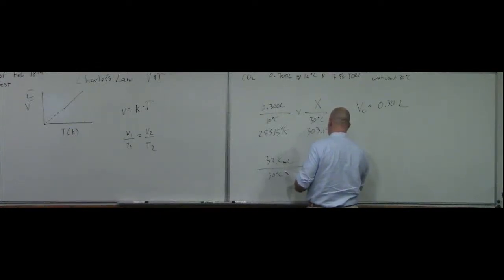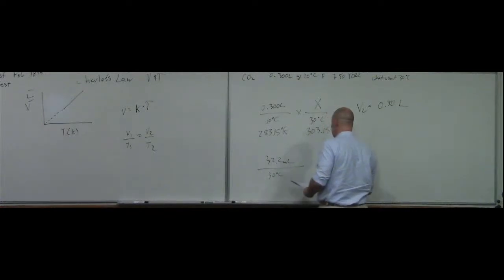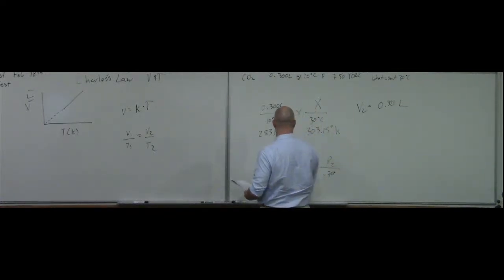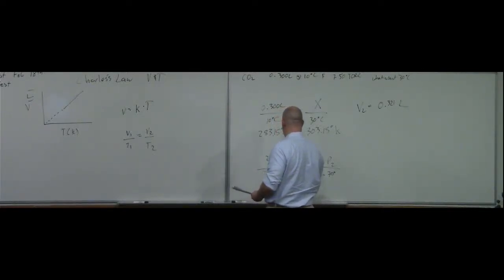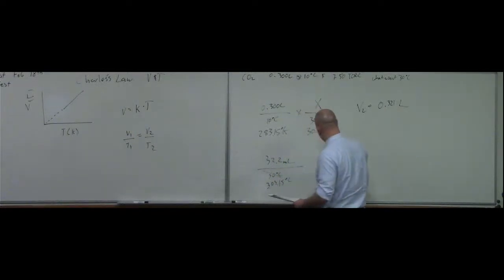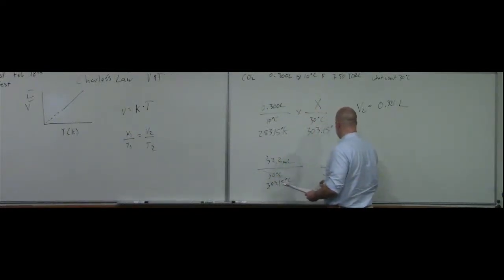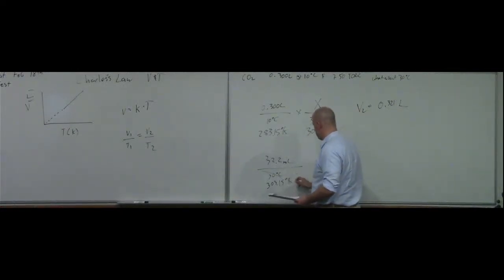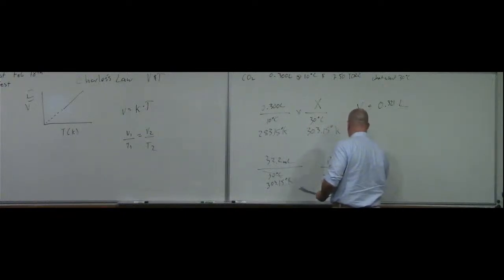So at negative 70 degrees, and I'm looking for pressure 2. Right, so this is going to become 303.15, and this is going to become 203.15. Oh, it's going to be degrees Kelvin, sorry, degrees Kelvin.